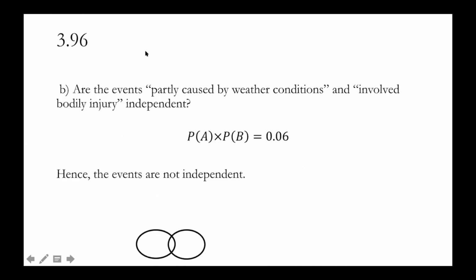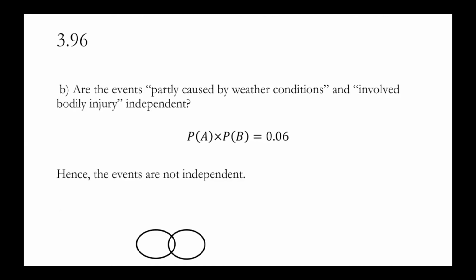Now I want you to interact with me a bit. Are the events partly caused by weather conditions and involve bodily injury independent? How would you think about it? As previously, you want to follow the same strategy.